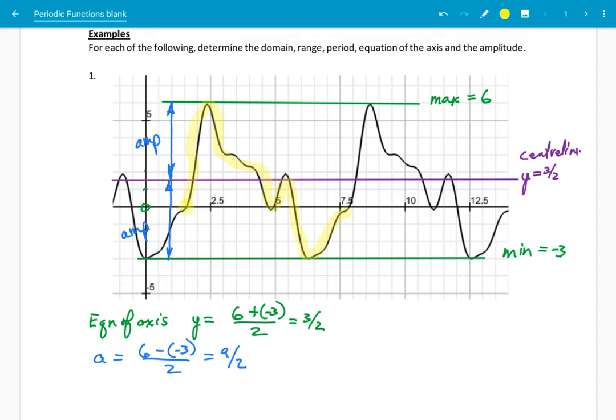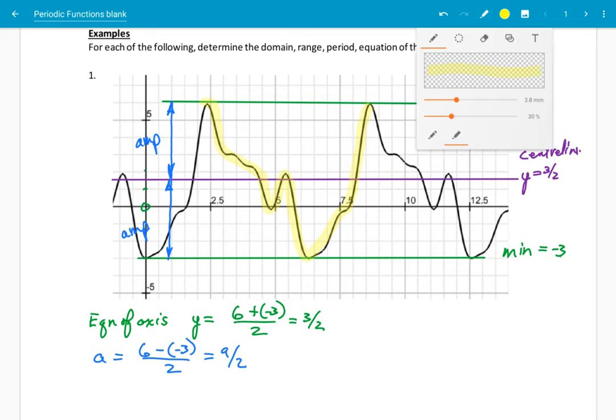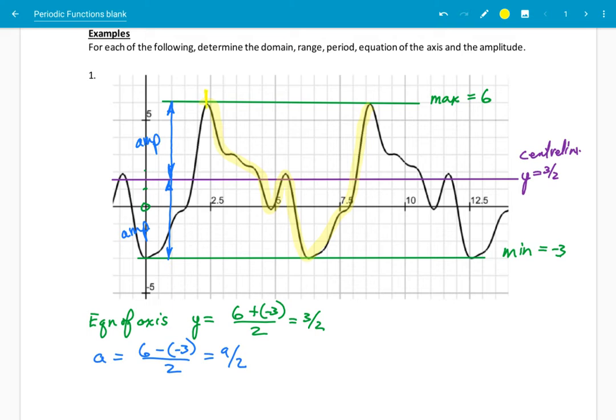All those things would be fine as a cycle. Once you have a cycle, and I have a preference, I usually like to go peak to peak, but it doesn't have to be. Some people like the y-axis, makes it easier to read. The whole point is you have to identify a full cycle first, and then you need to find the length of the cycle.